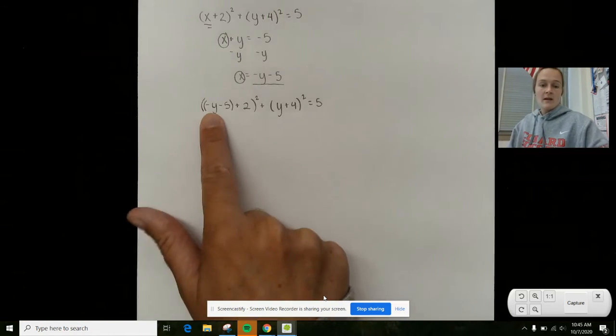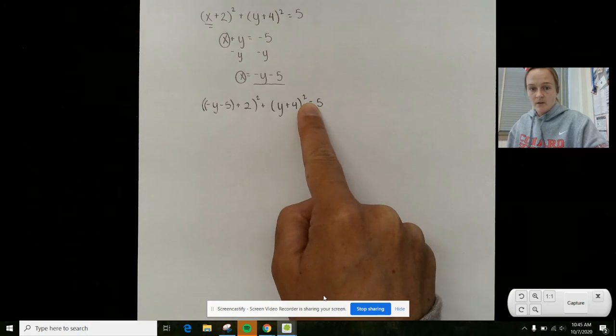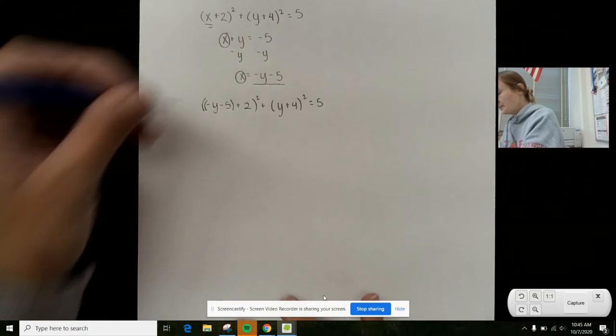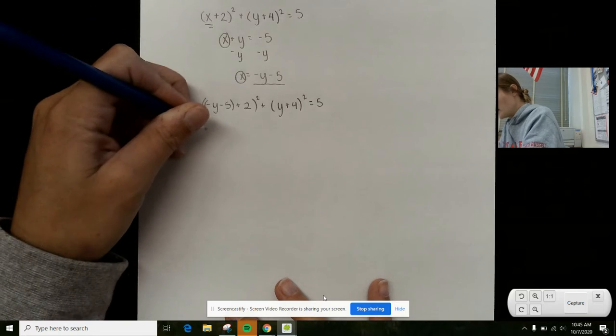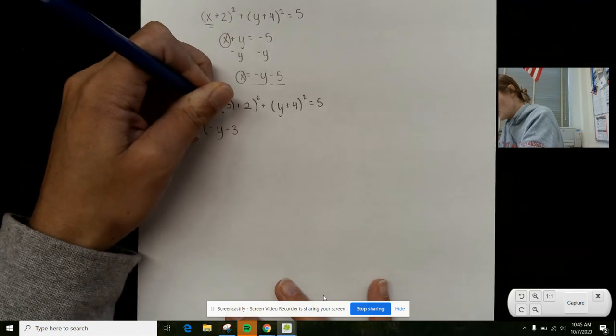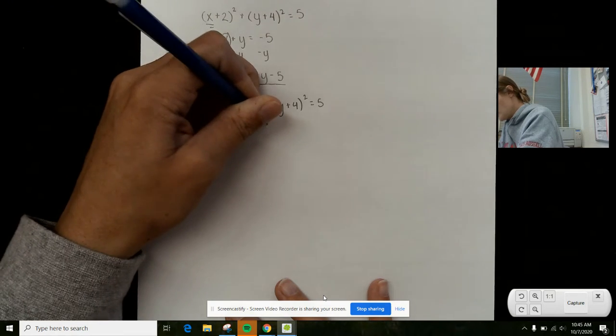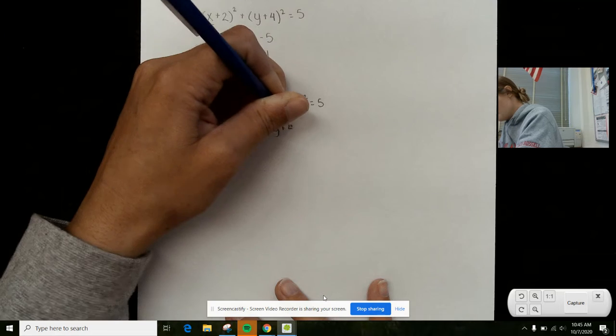Now from here, I have one equation with only y in it, so I'm going to simplify and solve. I have to simplify this part first. So I end up with (negative y minus 3) squared, because I'm combining like terms, plus (y plus 4) squared.